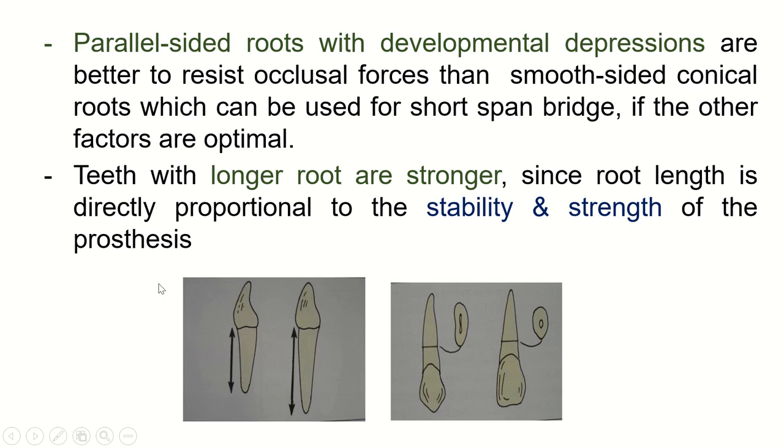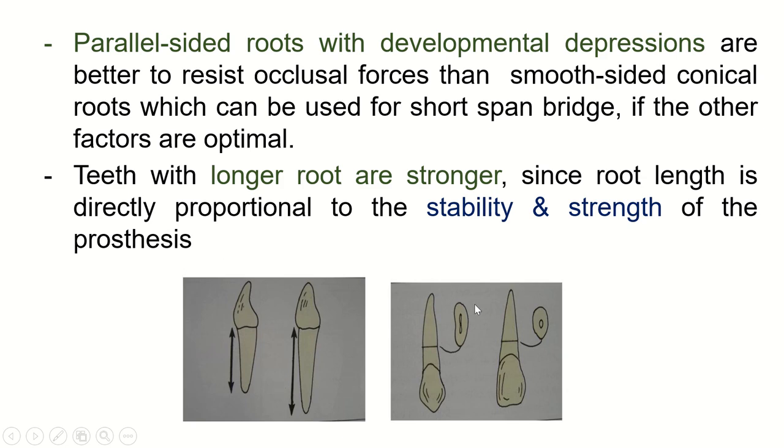Okay. The other factor is the length of the root. The longer the root, the stronger, since the root length is directly proportional to the stability and strength of the prosthesis.